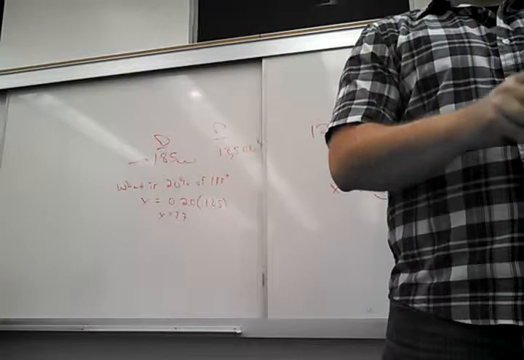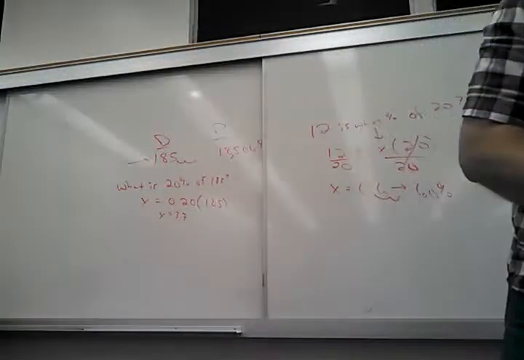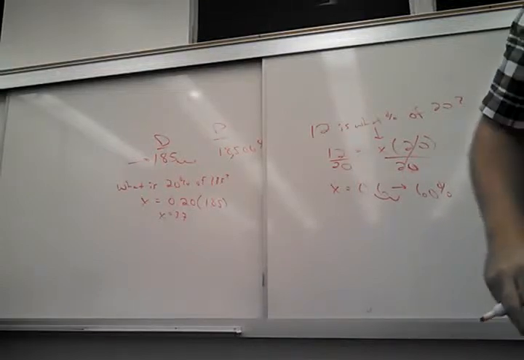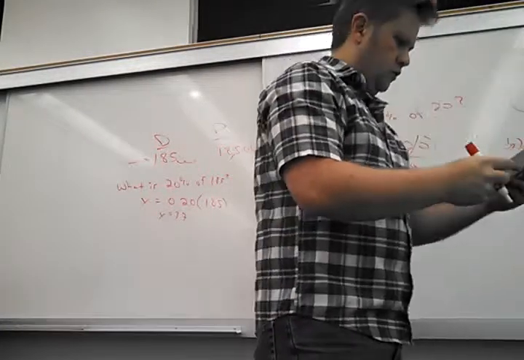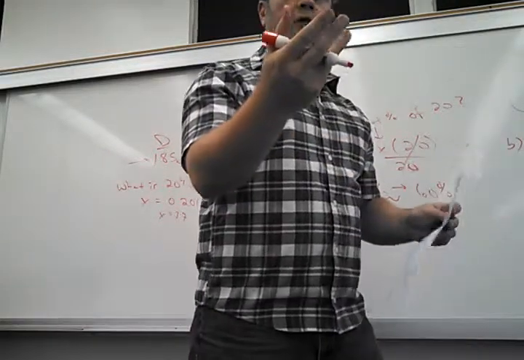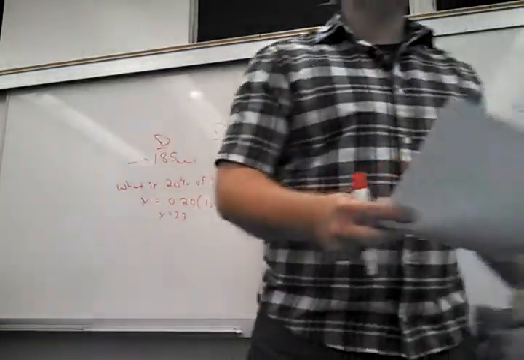What would be the percent for the 0.003? Number 6. It's already in decimal form, right? So we move it over 3 times?